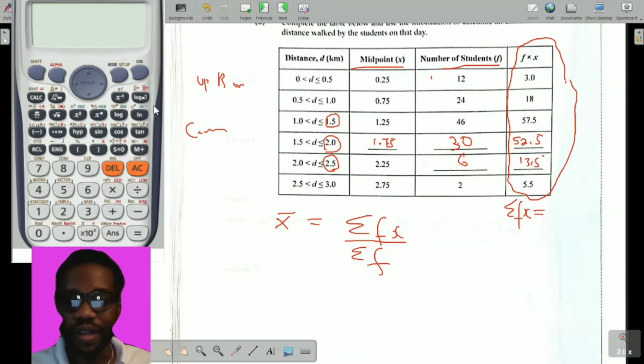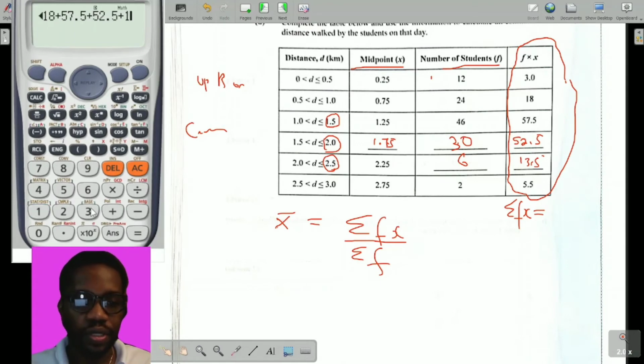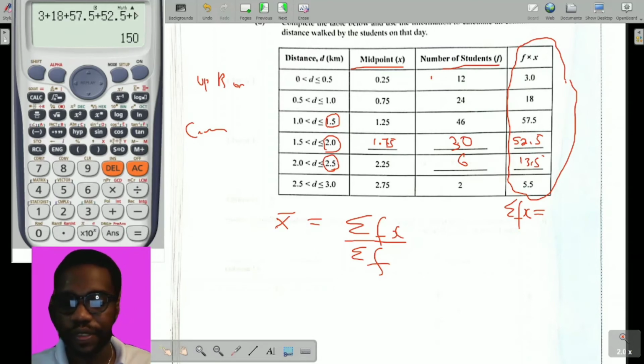So you're going to have 3 plus 18 plus 57.5 plus 52.5 plus 13.5 plus 5.5 equals 150.